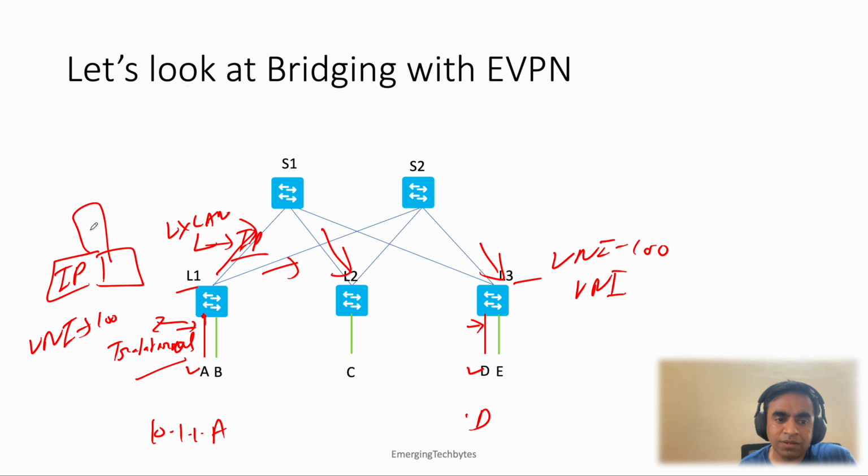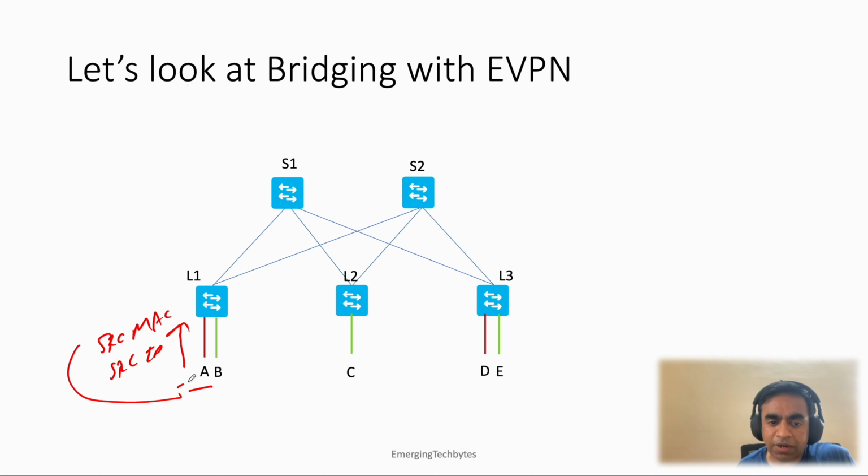When the packet comes here from A, be it a broadcast or whatever, it will have a source MAC address and a source IP address. That will be the MAC and IP address of A. So switch L1 knows that this MAC address of A and this IP address of A is connected on interface 1, let's say.